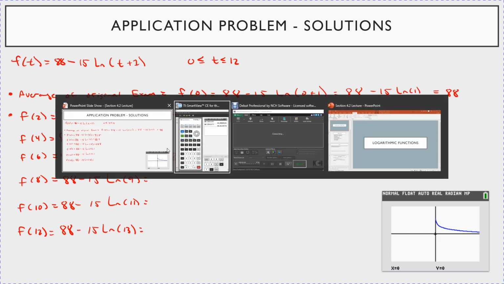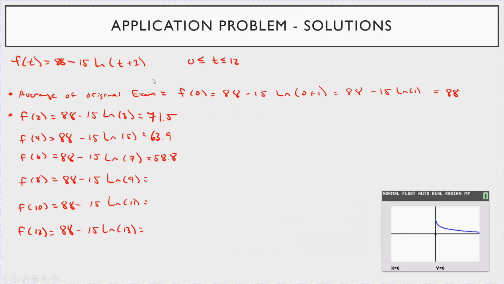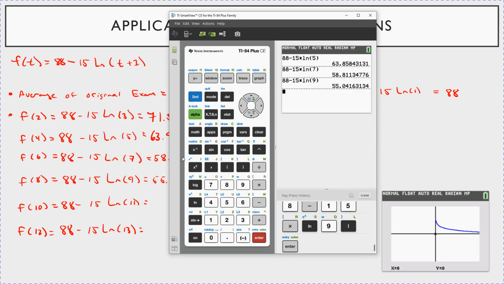Eight months later, let's see. 88 minus 15 times the natural log of 9 is 55.0. So what you can see here is it looks like there's a big drop off initially, boom, boom, boom, and it seems like it's starting to stabilize a little. 88 minus 15 times the natural log of 11. Yep, 52.0.